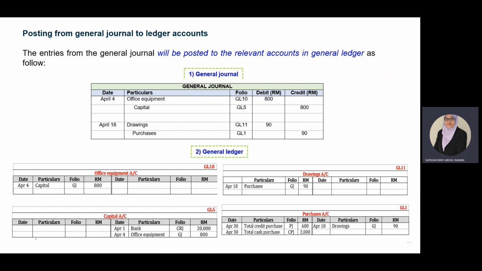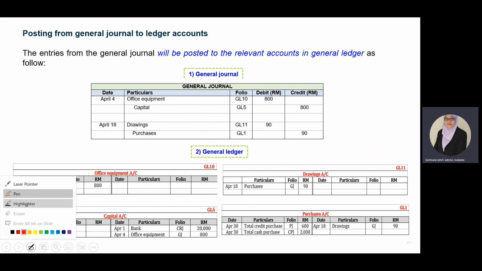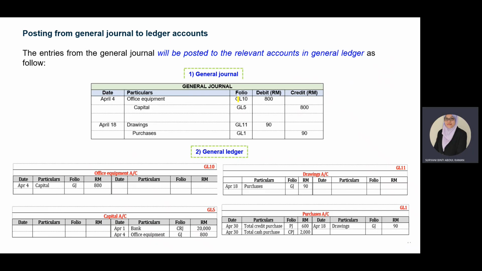Okay, open GL10. GL10 stands for what? Office equipment. So in GL10, please record in the debit side, April 4 capital 800. Okay, next, GL5, we already opened GL5 capital. We already have one transaction here. So next, we record April 4 office equipment. Next is GL11.